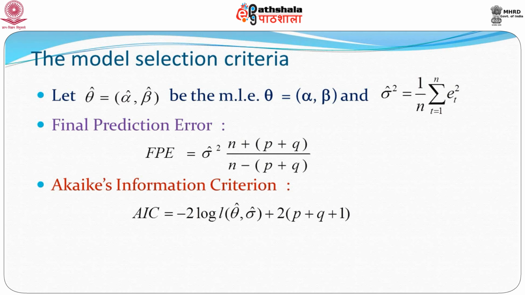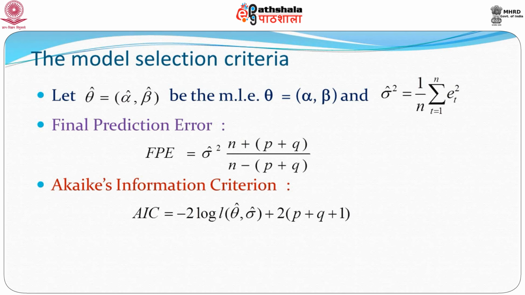So, the first term would be decreasing with p plus q, the second term would be increasing, and you would want the whole of the AIC to be as small as possible. So, there again would be a trade off, and you can choose the best p plus q, which would minimize the AIC.